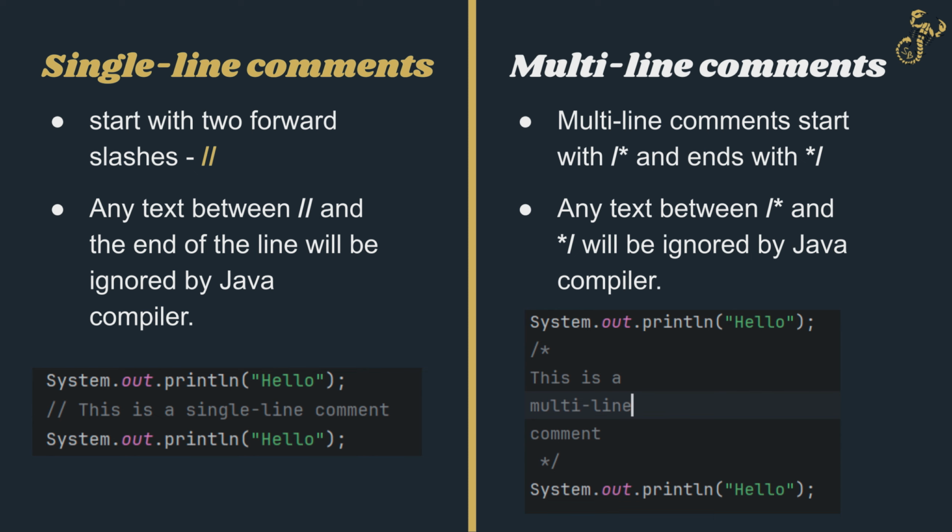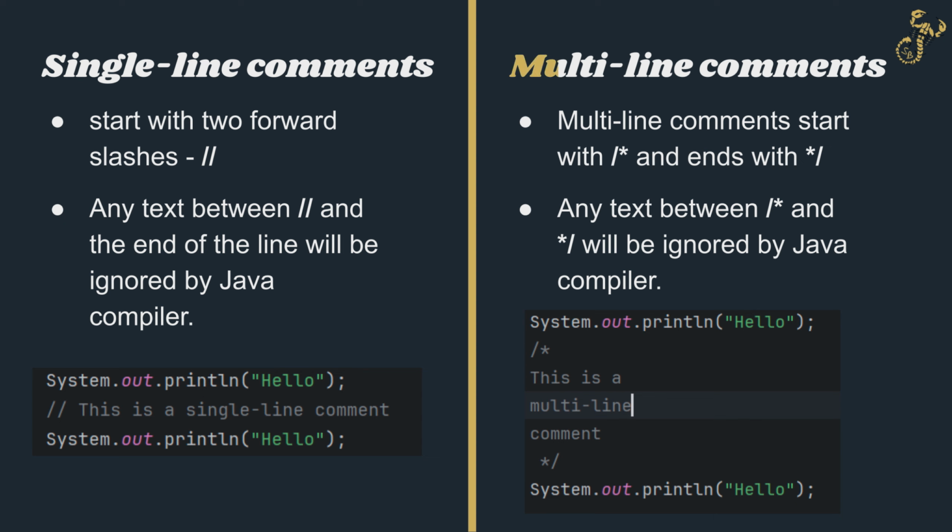And as a result, any text between the two forward slashes and the end of the line will be ignored by the Java compiler. In this example, we have a System.out.println hello that will get executed. Then we have "this is a single line comment", and this line is a comment line, so it will get ignored by the compiler. And then we have another System.out.println hello, which will get executed.